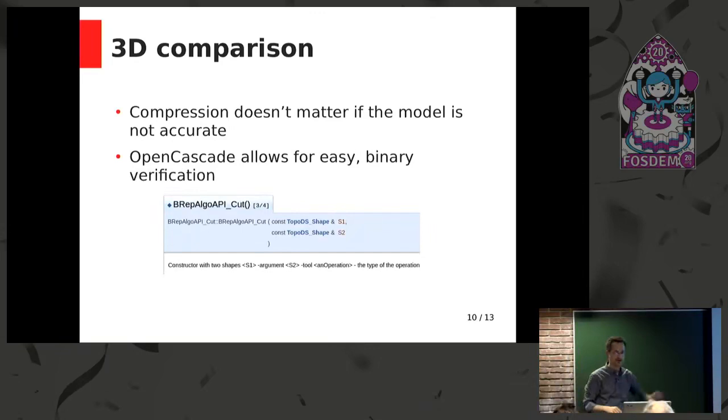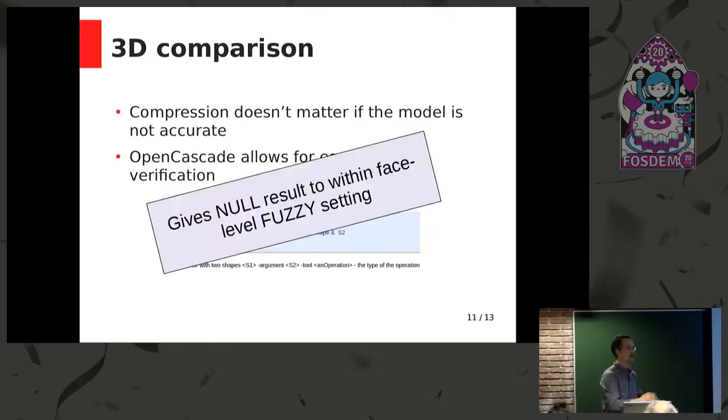We use a BRepAlgoAPI to cut the two models between each other, and if we are successful, then we don't see a difference. In fact, we do get a null result for our entire library on the difference, both for the zeroth order models that are directly output from CadQuery as well as our smaller models.